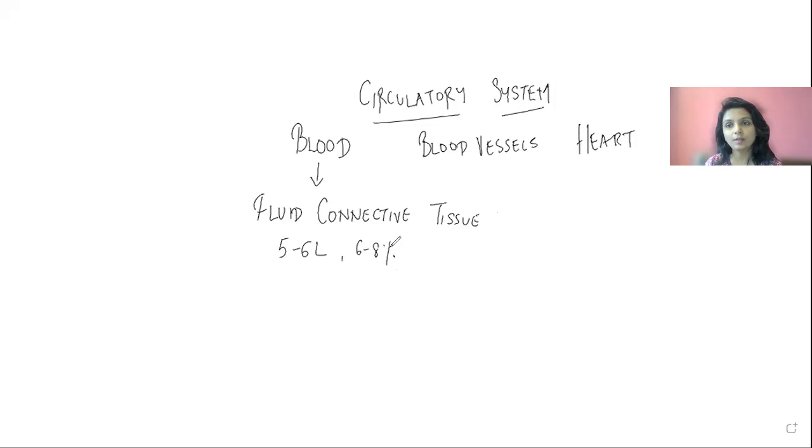Now your question will be, and it's very simple, when you look at the blood, what is the color of the blood? That's red. Why is it red? We are going to study that. That's because of the pigment hemoglobin. That iron content gives it its red color. Another property of blood is that it is heavier than water.